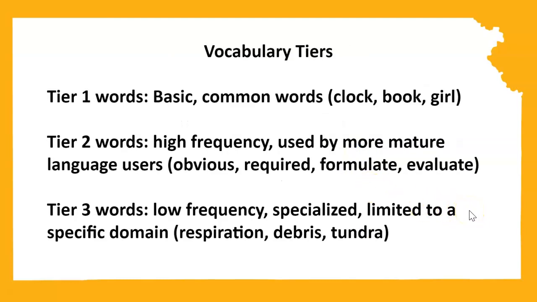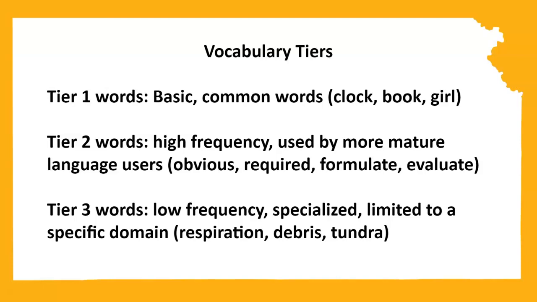Beck and colleagues have also recommended a categorization of words into 3 levels or tiers, and this can be helpful when selecting which words to teach in depth. These are not to be confused with tiers that are used when referring to intervention and MTSS models, but they do give us an outline for how to identify which words would be good for in-depth explicit instruction.